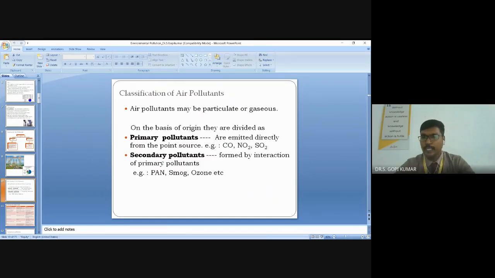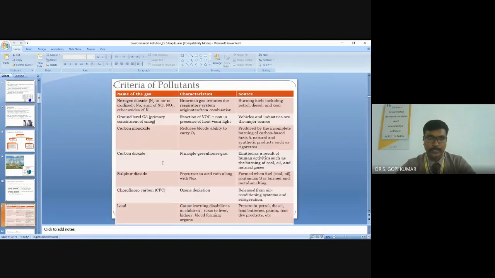In specific, air pollutants are classified as primary and secondary pollutants. Primary pollutants are carbon monoxide, nitrous oxide, and sulfur dioxide, and secondary pollutants are smog and ozone. In this table, the criteria pollutants are clearly highlighted: nitrogen dioxide, ozone, carbon monoxide, carbon dioxide, sulfur dioxide, CFC (chlorofluorocarbon), and lead.